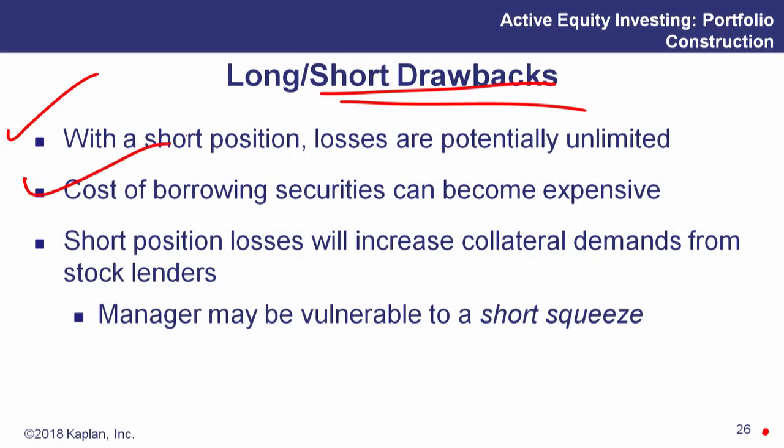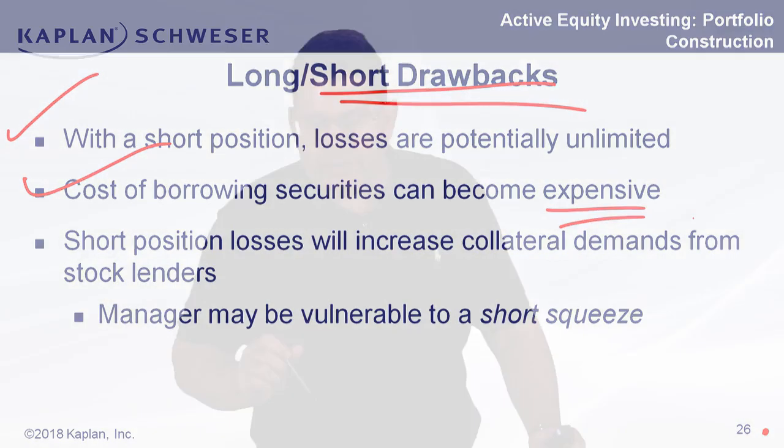Well, the stock could gain potentially unlimited amounts. And my cost of borrowing securities can become really expensive, especially if it's just not widely held and there's not a lot of stock that I can purchase to go short.